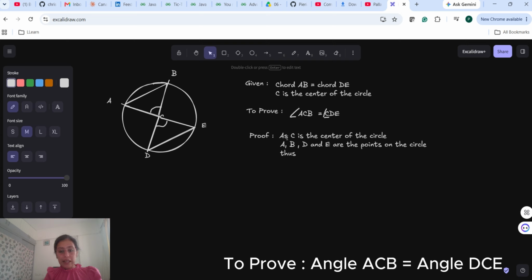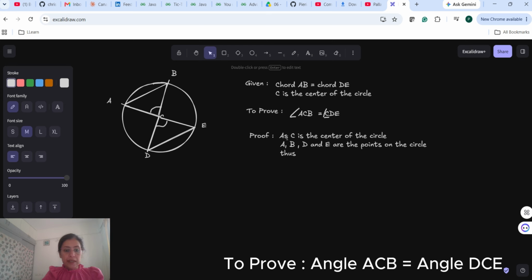So C is the center of the circle, and A, B, D, E are the points on the circle. Any line joining the center to these points forms the radius of the circle, and radii are equal.